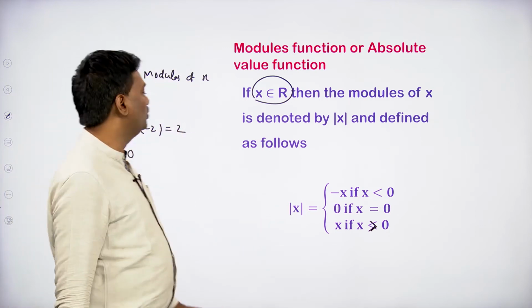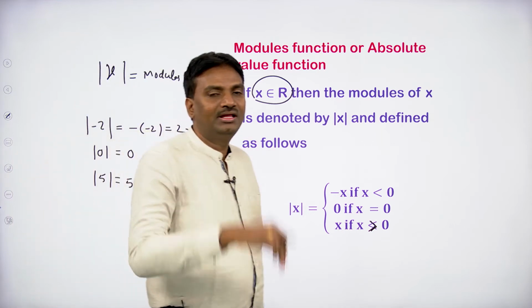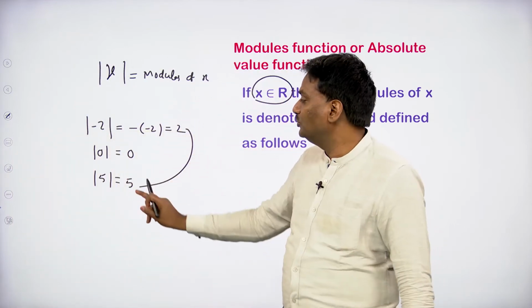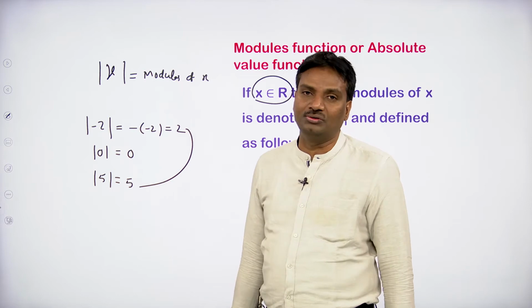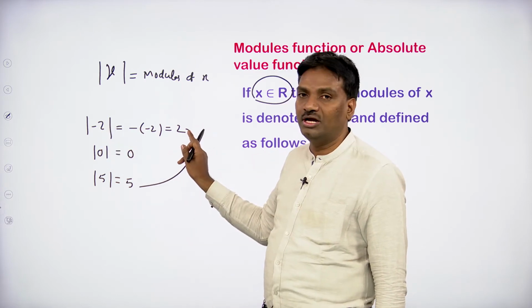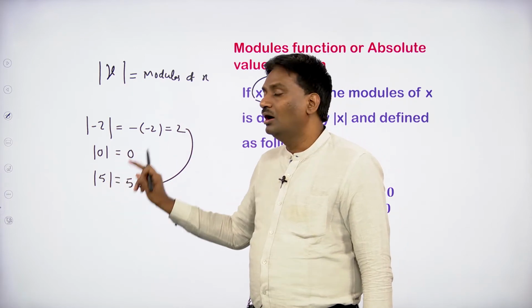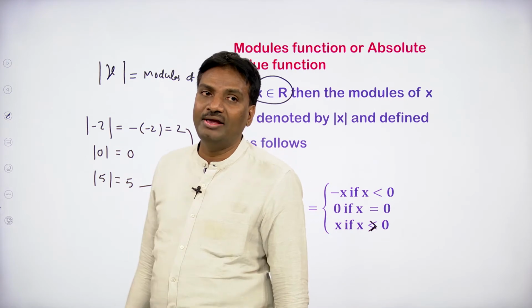So what we observe is that in place of x, by writing a negative number or positive number, we are getting the positive number only. By taking a negative number, we get plus 2, that is positive. By taking 5, that is positive, and after simplification we get 5 only.